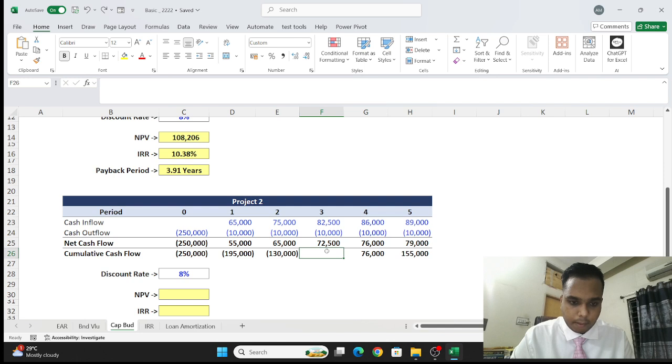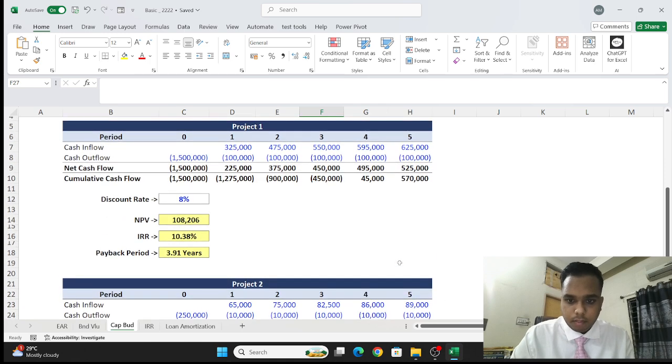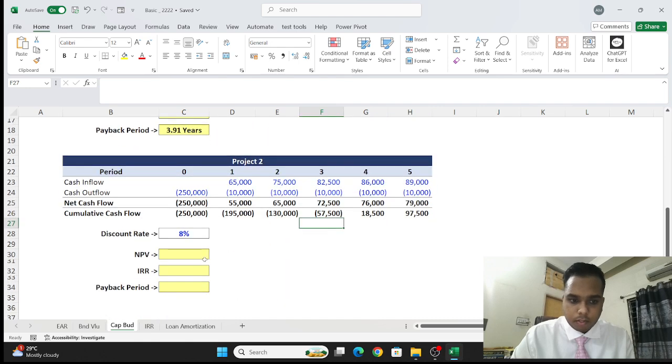Wait. 51, 30, 56. So here is the amount we are looking for. In this box, we have to find the net present value.